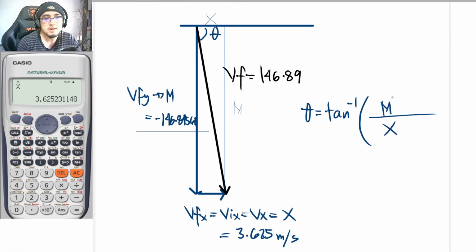But take note that this should be an absolute value. So if your m is negative, I would just multiply this by negative 1 just for it to be positive. So arctangent of answer divided by x. This is now equal to 88.59 degrees below the horizontal.